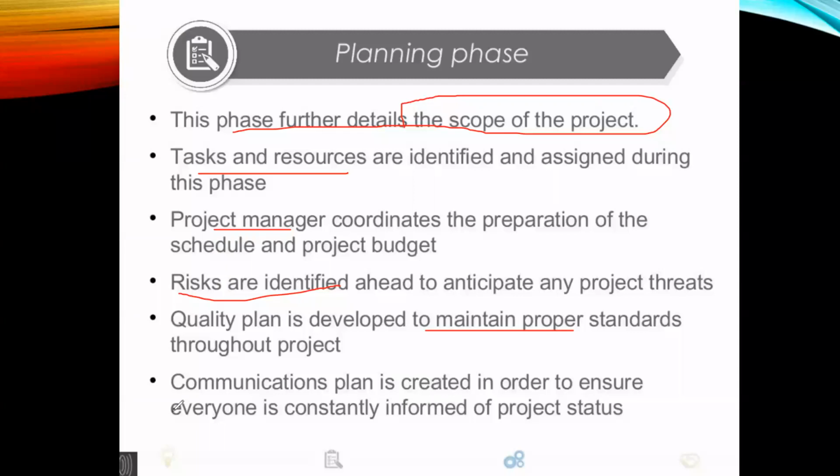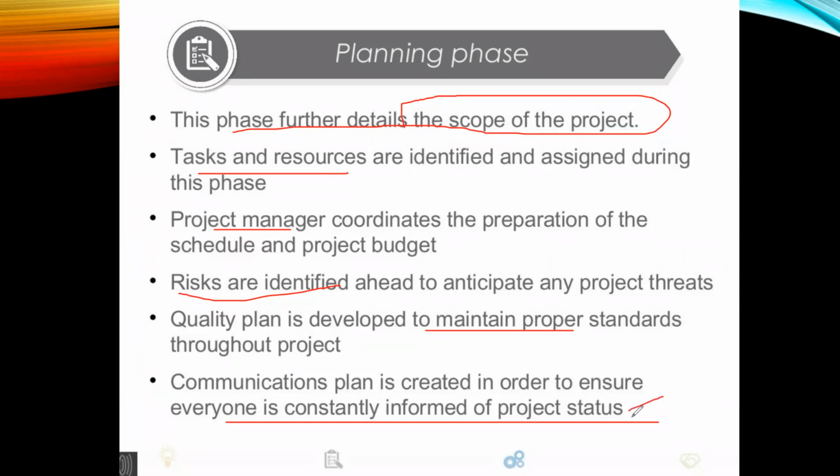A communications plan is created in order to ensure everyone is constantly informed of the status of the project. So you have to always update the team. You cannot just distribute tasks and let them go. You have to always update the team with the status of the project. Now we are here, now we are there.